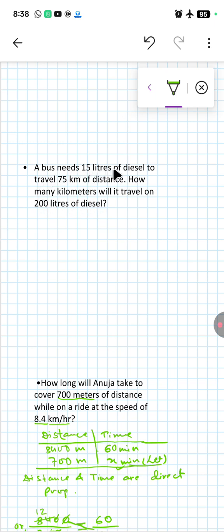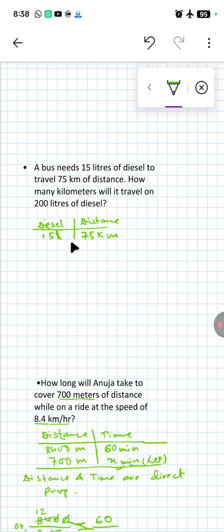A bus needs 15 liters of diesel to travel 75 kilometers of distance. Here diesel and distance are there, so let us write those two terms: diesel and distance.